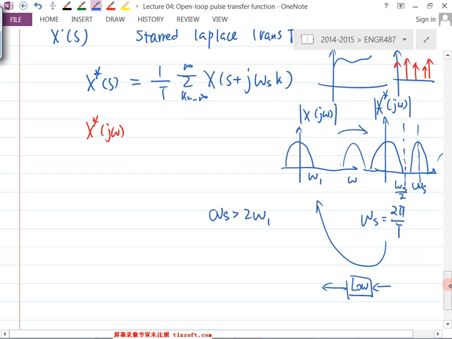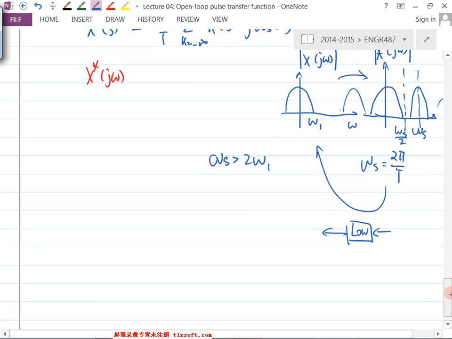The other thing is, mathematically, you can also go from x star of t to x star of j omega. You have x star of t, that's your signal. How do I get x star of j omega? You can use a fast Fourier transform.